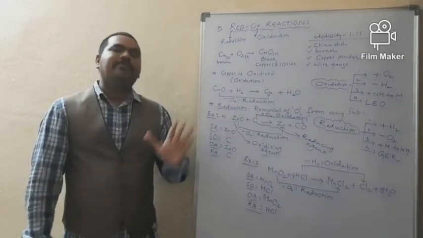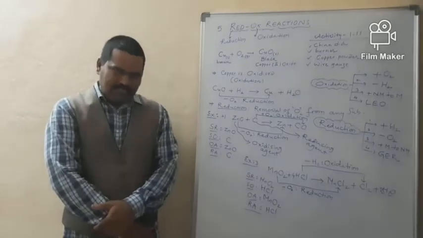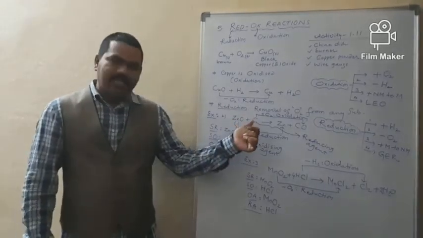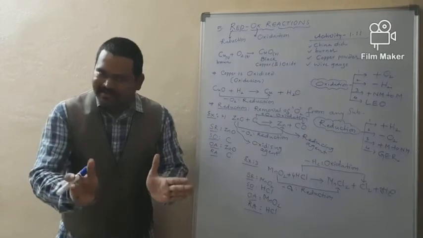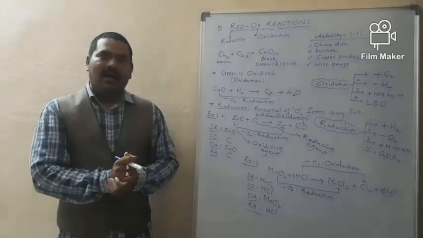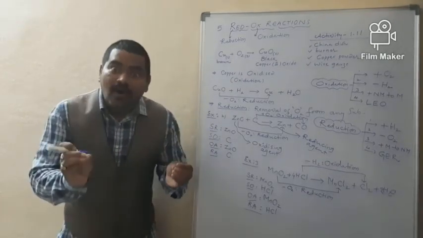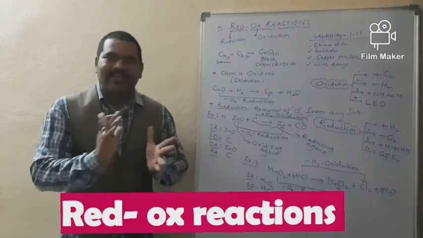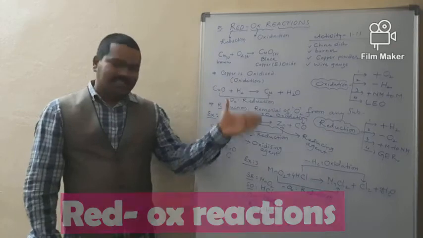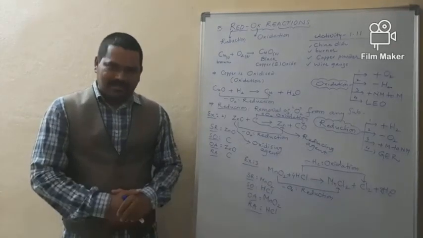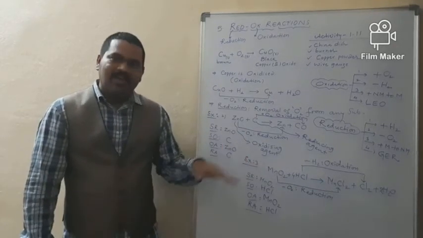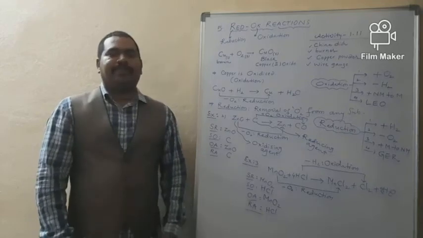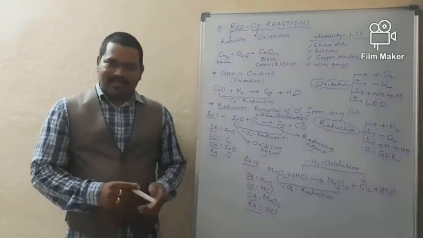Such reactions in which both oxidation and reduction occur simultaneously are called redox reactions. These are the best examples for redox reactions where oxidation takes place along with reduction. So that's all for today's class.